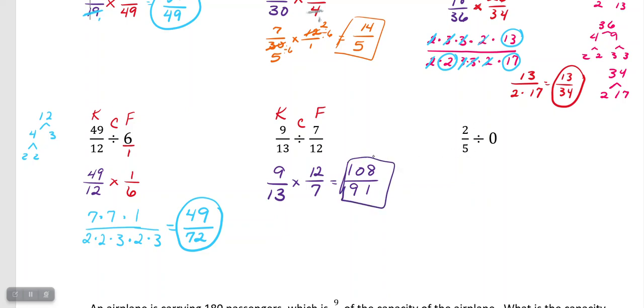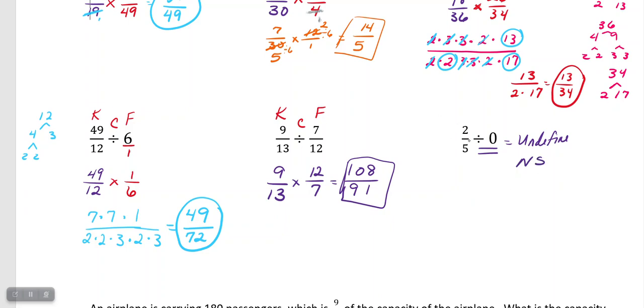So then let's look at the last one. 2/5 divided by 0. I don't even have to work this one. Anything divided by 0 is undefined. If it's undefined, then in Hawks you're putting NS for non-solvable.